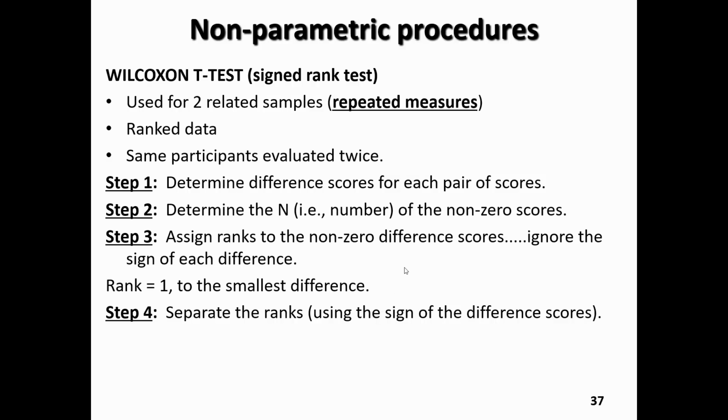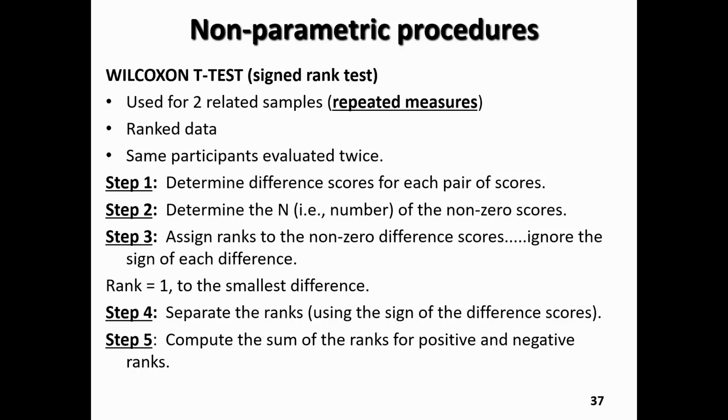At that point, the ranks are separated using the sign of the difference scores. So the negative scores are collected into a column, and then the positive scores are collected into a separate column. So they are organized after step number 3.